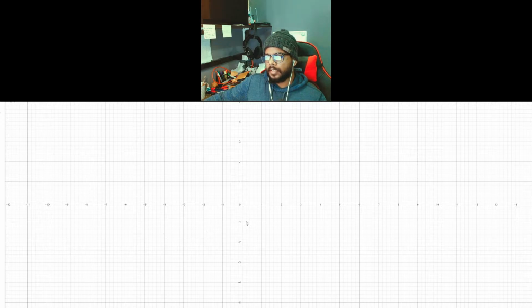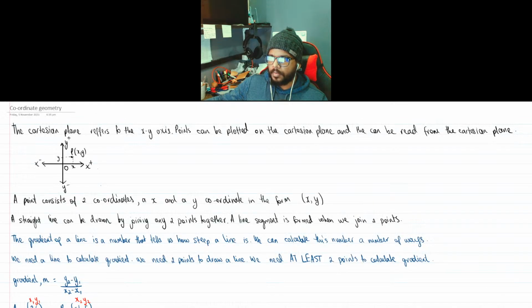And the negative y-axis goes all the way down to negative infinity as well. Now, points can be plotted on the xy axis, and points can be read off the xy axis. When I'm plotting a point, I have to plot points in the form x, y. A point consists of two coordinates, an x and a y coordinate, in the form x, y.